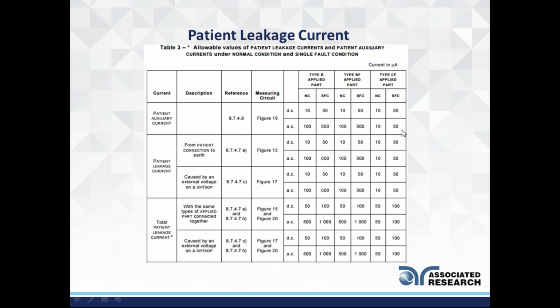And 50 microamps under single fault conditions, whereas a type B, which is, like I said, your most common or most lax restrictions, you get up to 500 microamps to 100 microamps. And you can see that trend when we're talking about patient leakage and total patient leakage. Going from type B to type CF, those limits become very limited.